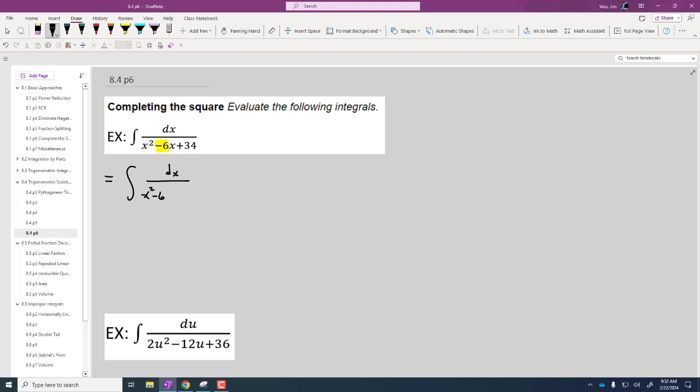We could say, okay, let's take 9 from the 34, and that's going to leave a 25. This now here is a perfect square trinomial that is factorable. So that puts us in this situation where we have dx in the numerator, and we have an x minus 3 quantity squared plus 25.